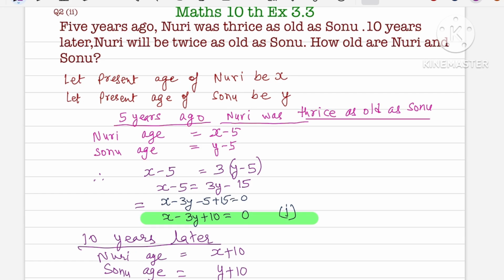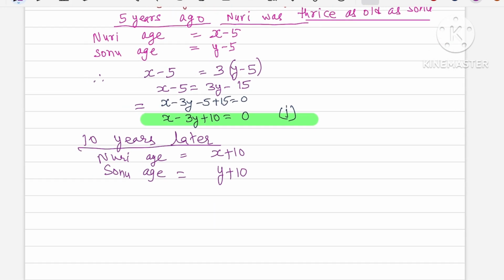Twice, Nuri is twice. So 10 years later, Nuri will be twice the age of Sonu. So we can write this equation: X plus 10 is equal to Y plus 10.